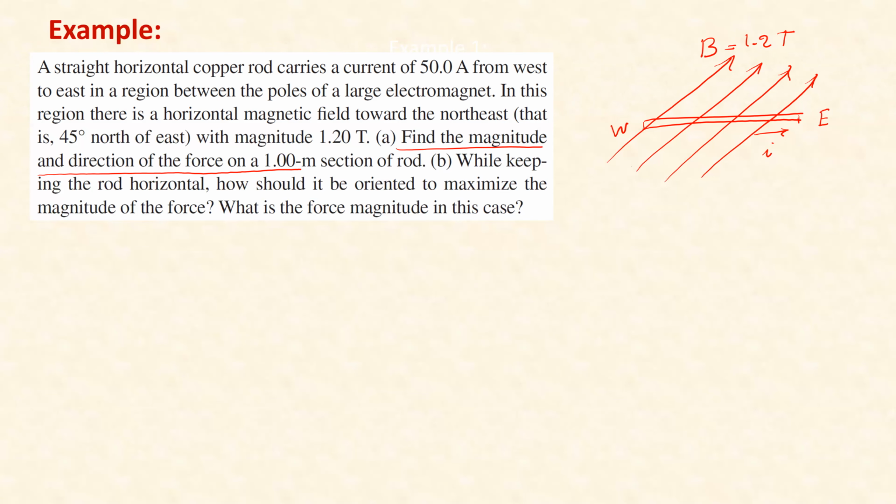Northeast, southwest, west, east, north, south, or up or down. Up means we are looking at this figure from above, so up means toward us, out of the page. Down is into the page. What do you think the direction of the force is?